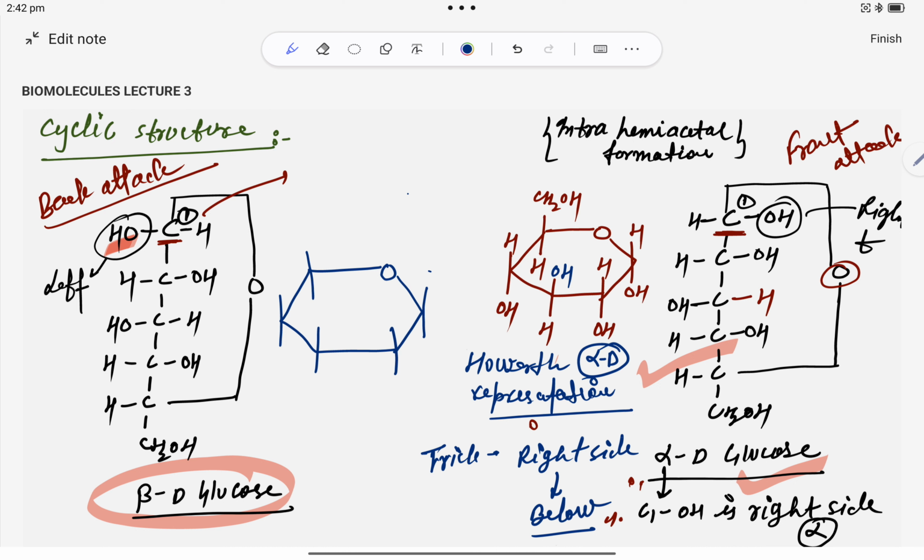Here OH will be up, this H will be down, remaining same: OH, H, OH, CH2OH, H, here OH, H and H. This is beta D glucose. So alpha D glucose and beta D glucose are clear now. The cyclic structure we have discussed here, and this topic is completed, children.